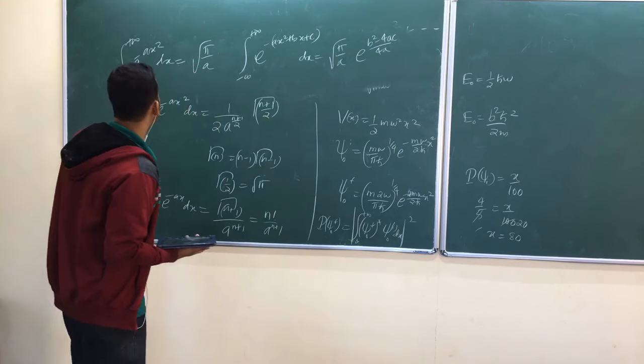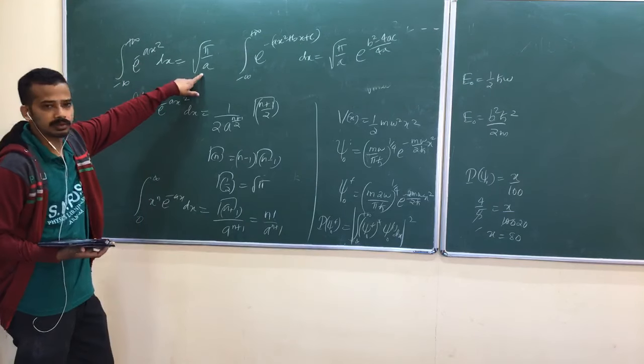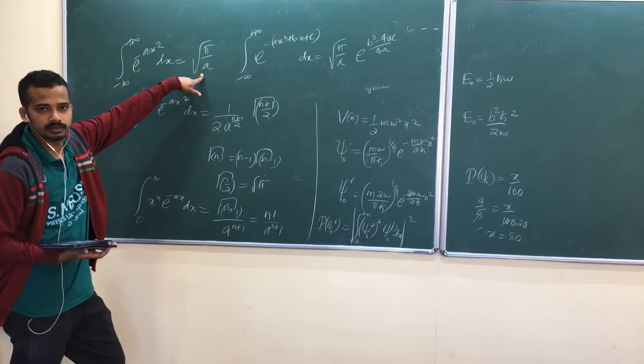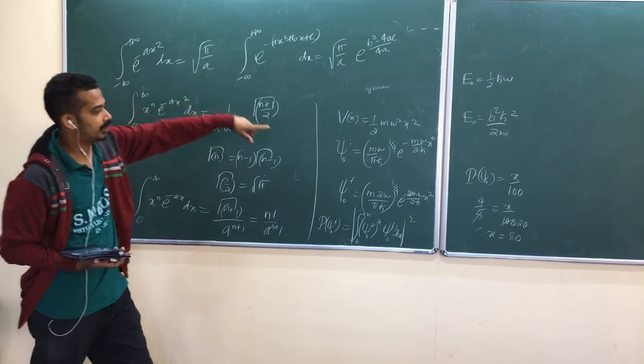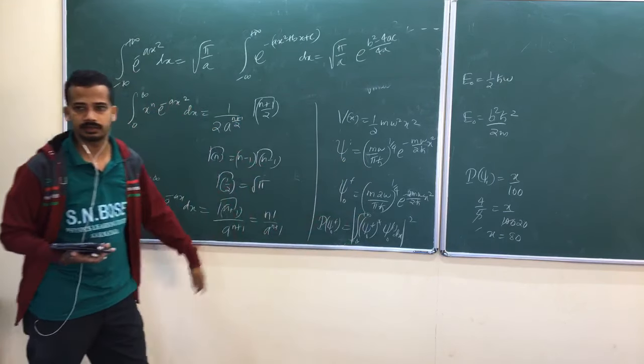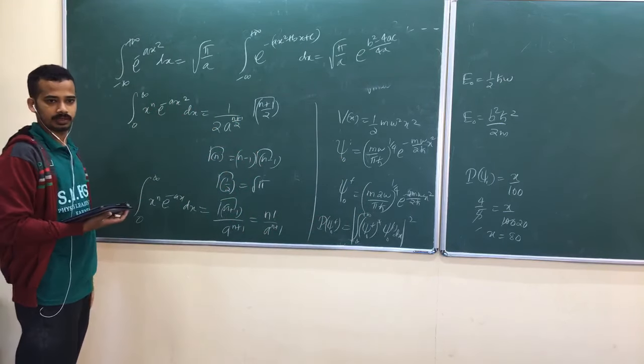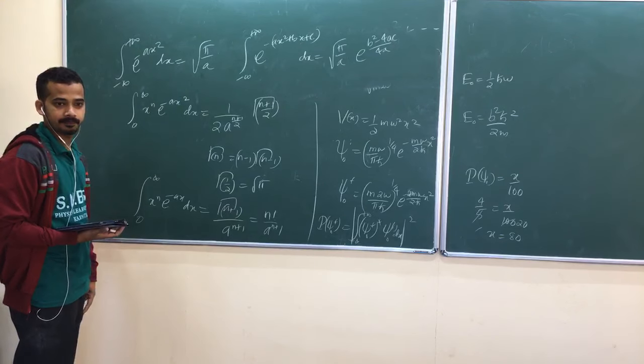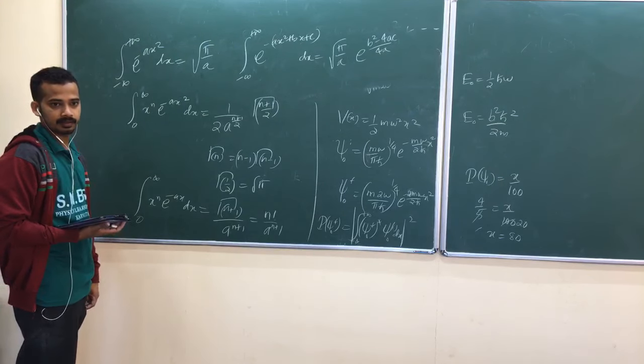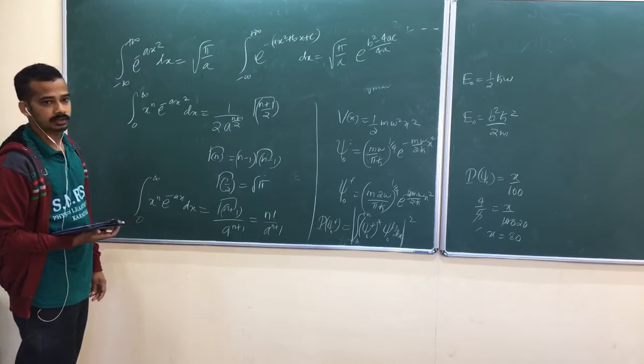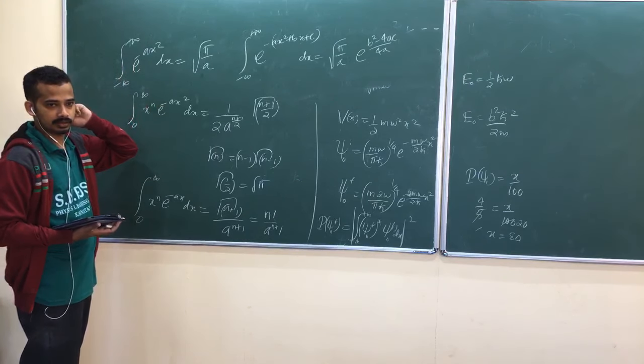Again, that's what I have used, this integral only. This integral should be used to find the normalization factor, am I right? Which trick? This integral trick?